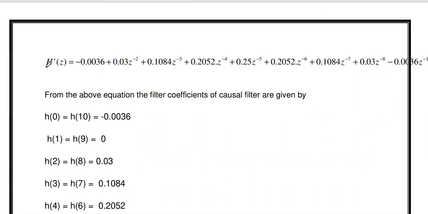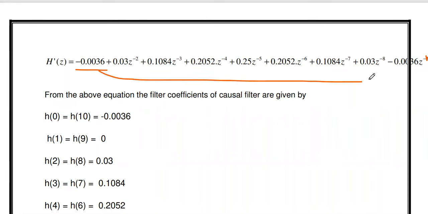So from this we can write what the constant term is. This constant term indicates h[0]. This h[0] and the z^-10 term, h[10], both have the same value, so h[0] equals h[10], which is equal to -0.0036.